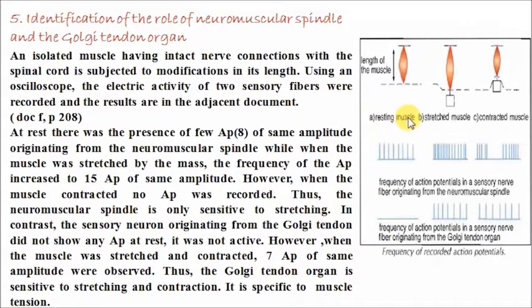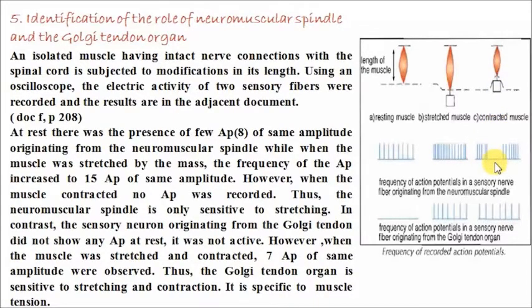What was observed is that at first, here, we observe few action potentials of the same amplitude, like 8, coming from the neuromuscular spindle when the muscle was at rest. While when the muscle was stretched by the mass, the frequency of the action potential increased to 15 action potentials of the same amplitude.